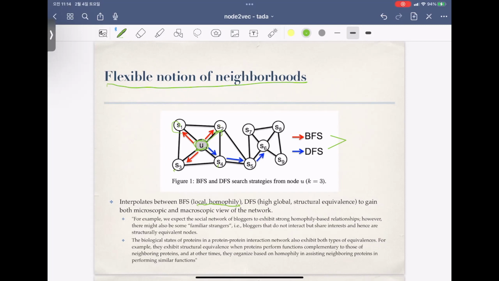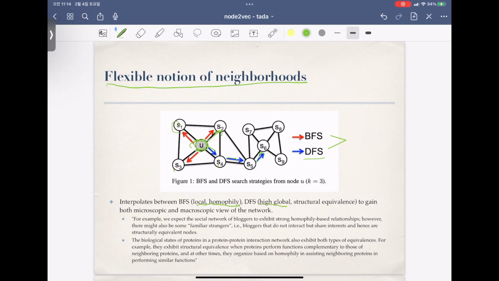However, for DFS, depth first search, if you start from node U, it begins to search to S4, S5, S6. It goes quite deeper when searching randomly. So in this case, it's more global compared to BFS.